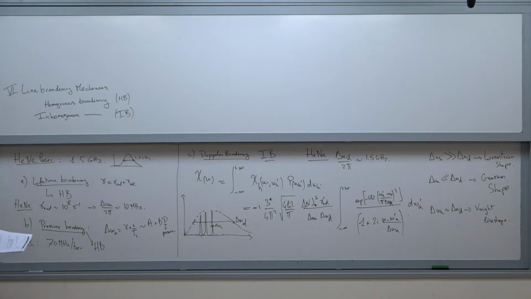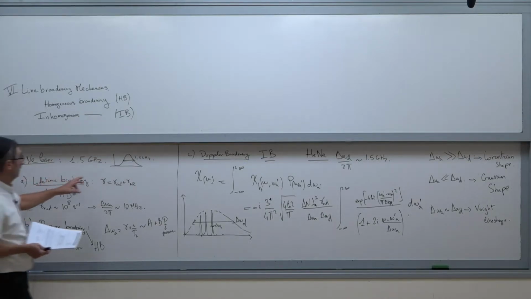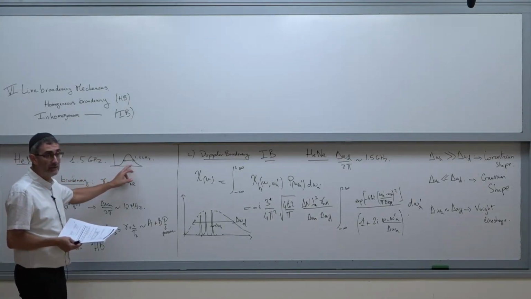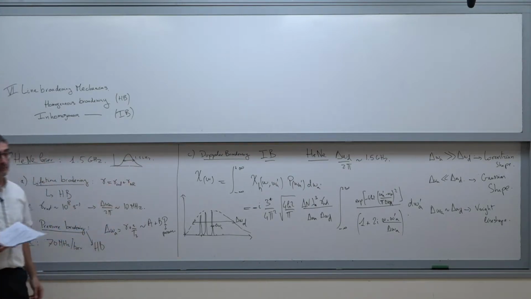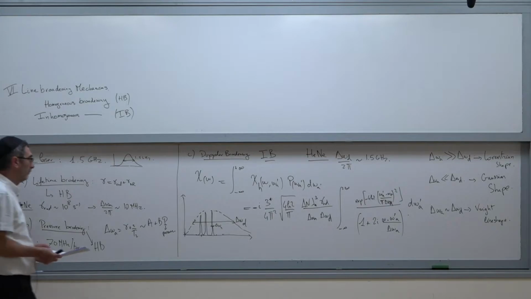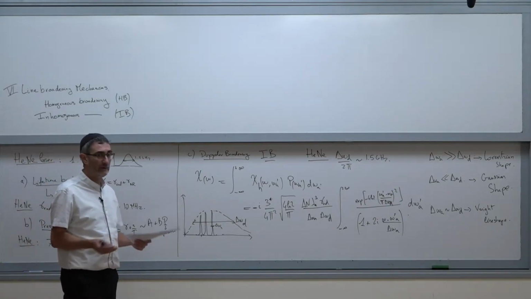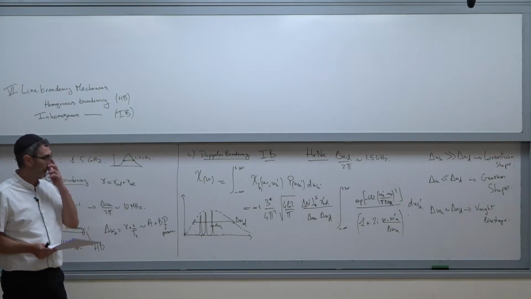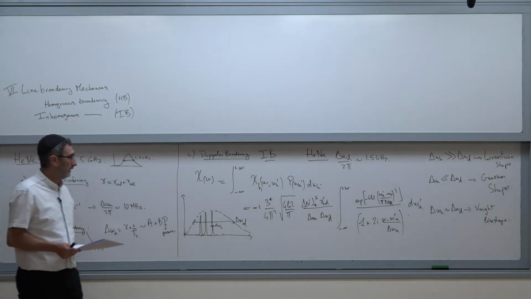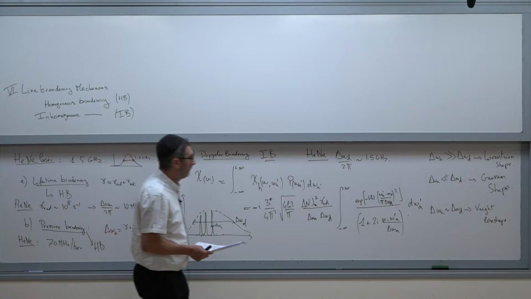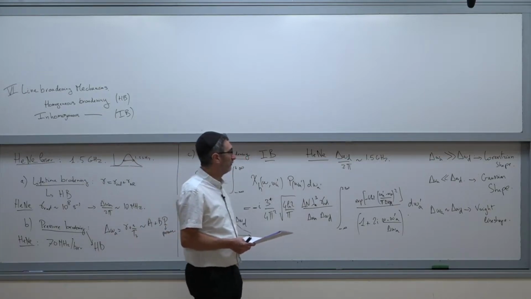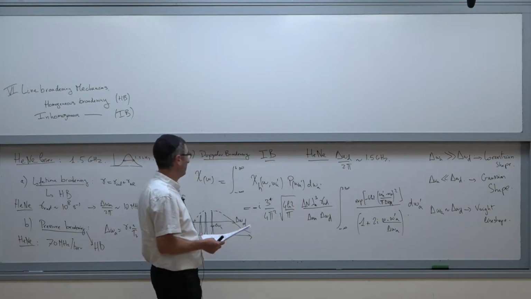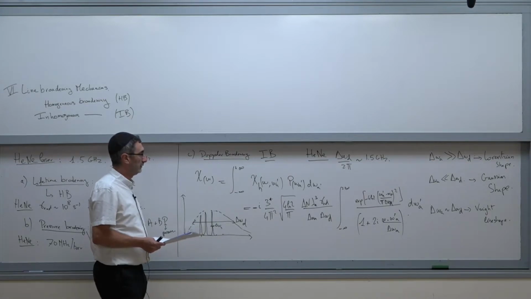So now we can answer the question. The line width here is essentially due to the Doppler broadening, to the fact that we have a gas, the atoms are moving around, and it's an inhomogeneous broadening in that case, in the case of the gas. And this is the main reason for the broadening of the line shape for the HeNe transition. Okay?